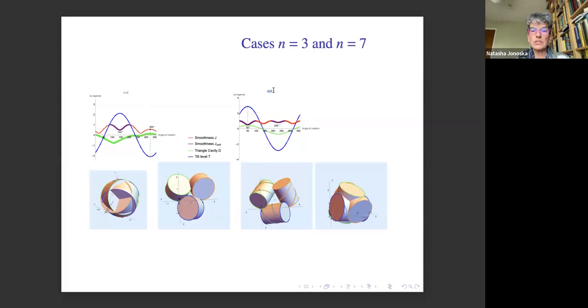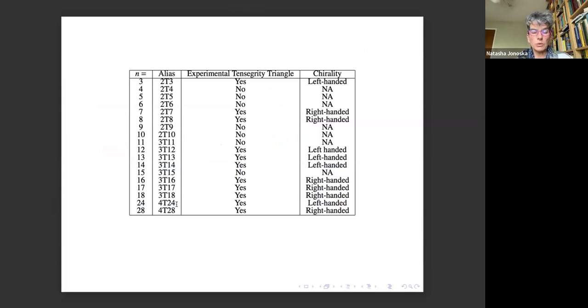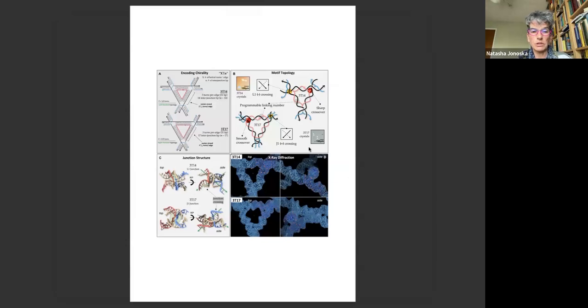If I have n equals 7, and I'm in this position here of the curves, then I have this nice position of the cylinders. Rotating the curve anywhere around, you get some mesh of this or that in the n equal 3 case. So we did the computation, and we compared with the experimentally obtained tensegrity triangle, and we got this result, and it matched very nicely with the experimental result.